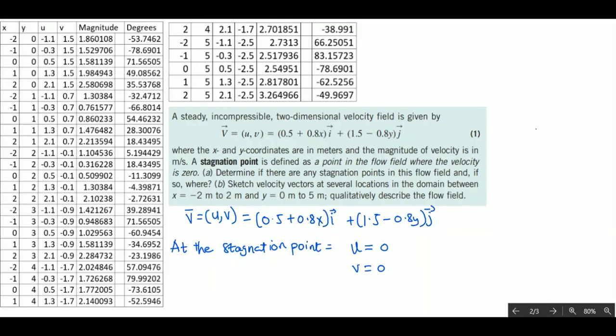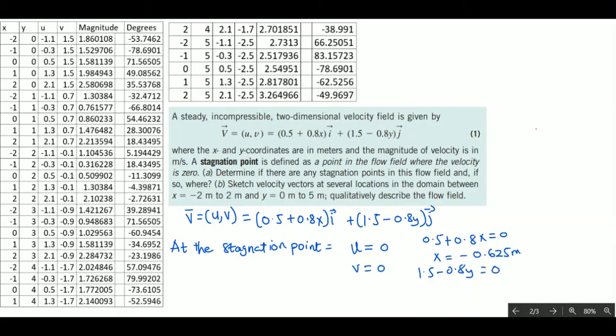To find the x component, you are going to have 0.5 plus 0.8x equals 0. Then you solve for x, which gives a value of minus 0.625 meters. For the y also, we are going to have 1.5 minus 0.8y equals 0.